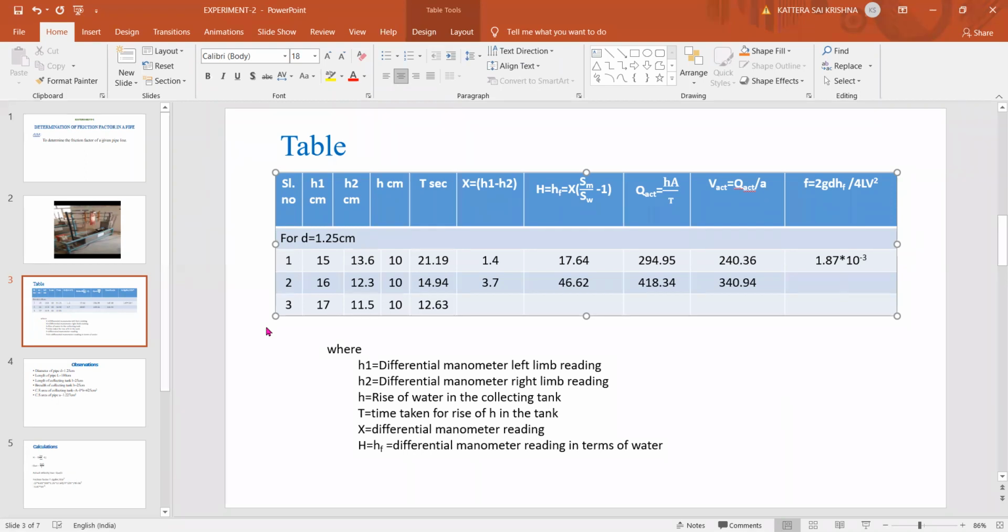Satya. Shirisha, tell the answer. Last value, F value.